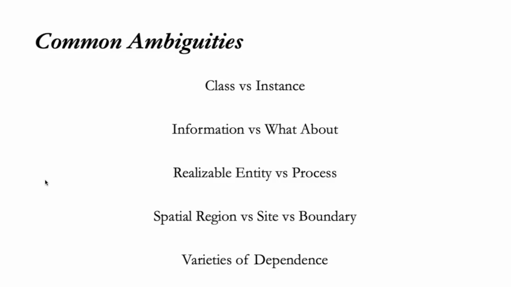And spatiotemporal regions depend on spatial regions and temporal regions. And that's how ultimately all the dependence works. Everything but space-time depends on independent continuants. Independent continuants depend on space-time. That's it.